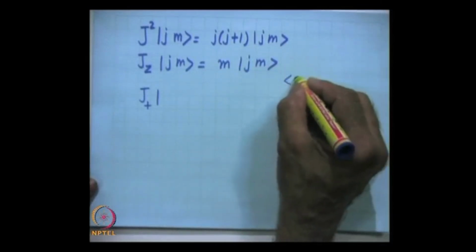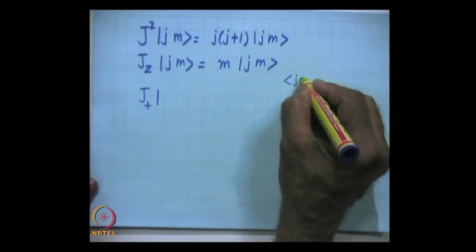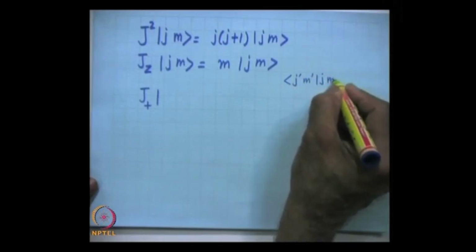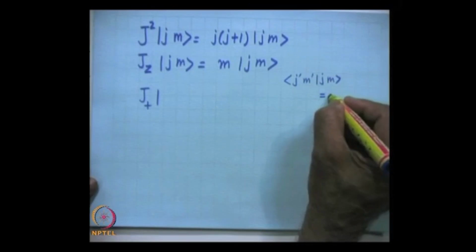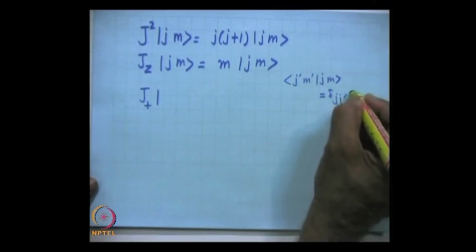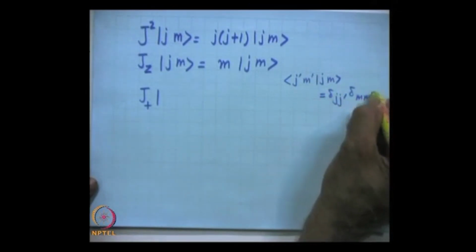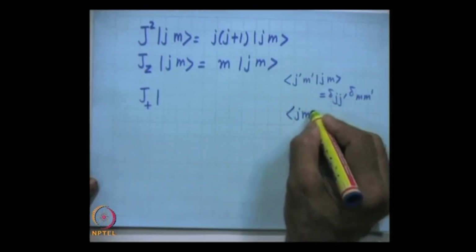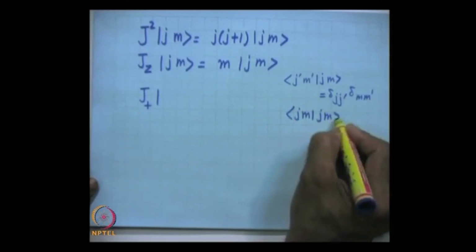That is, the bra j prime m prime with ket jm gives delta j prime j delta m prime m, they are all orthonormal, and this is normalized, that is bra jm ket jm is 1.